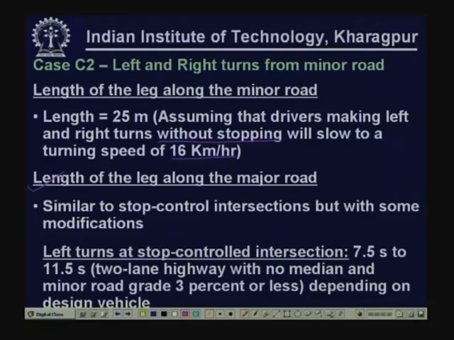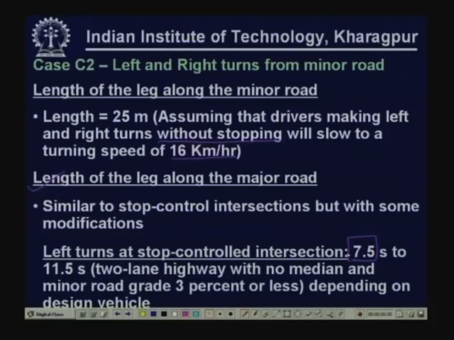Obviously, these values are for 2-lane highway with no median and minor road grade 3% or less. This value was 7.5 seconds for car and higher value for heavier design vehicle. So, that was the time gap recommended for left turns at stop control intersection.